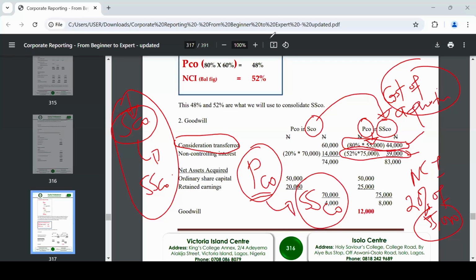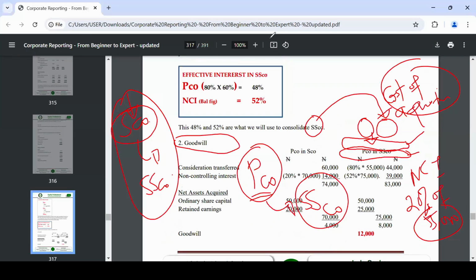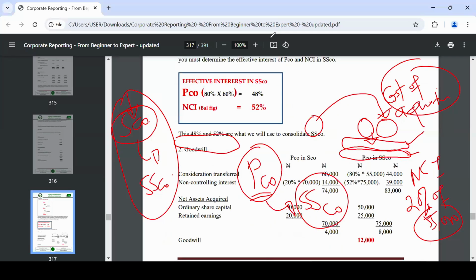Now, that interest may not be a controlling interest, but they have both direct and indirect interest. The direct will be PICO buying the shares of the subsidiary. However, PICO may also have indirect because they are owners of the parent of the subsidiary. So that can also take place. We saw that in this other example.